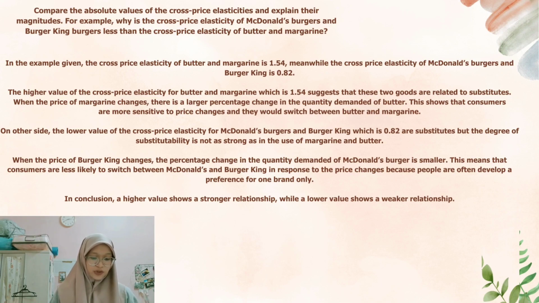This means that consumers are less likely to switch between McDonald's and Burger King in response to price changes, because people often develop a preference for one brand only. So they are less responsive for these goods. In conclusion, a higher value indicates a stronger relationship, while a lower absolute value suggests a weaker relationship.